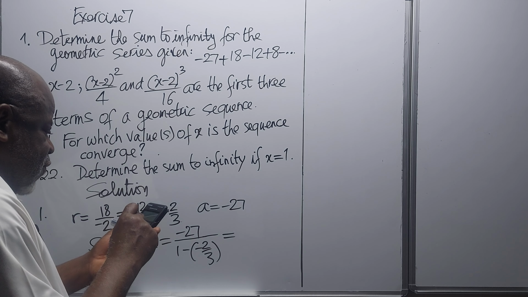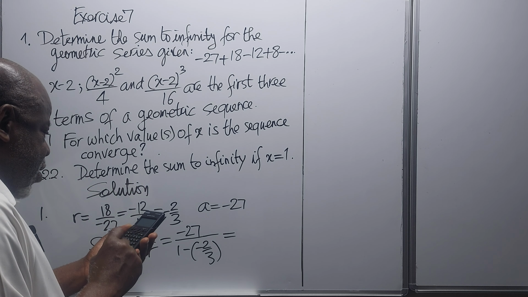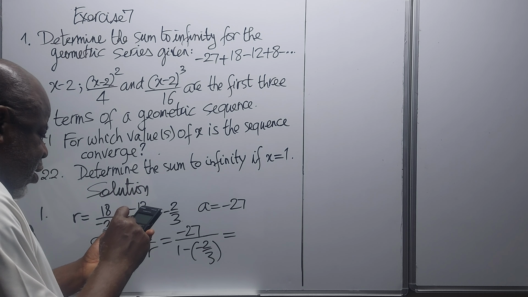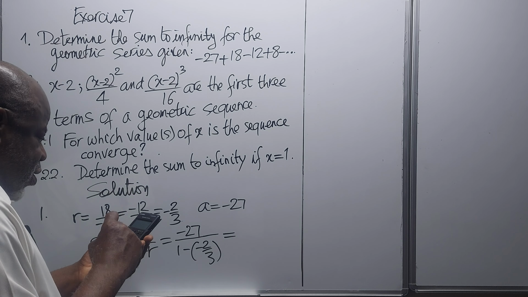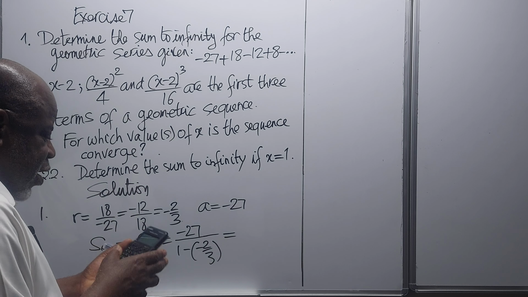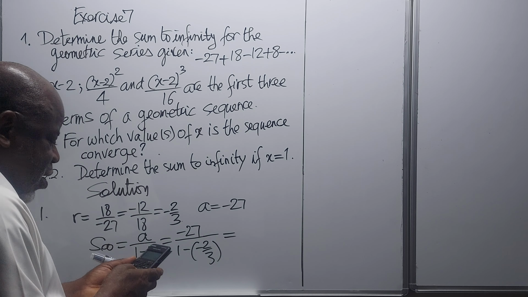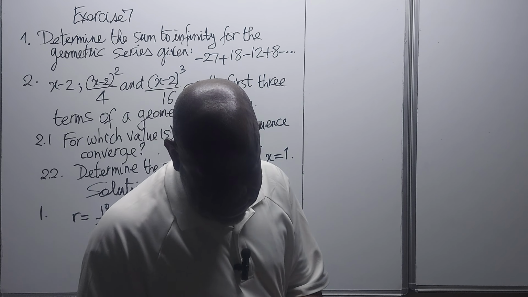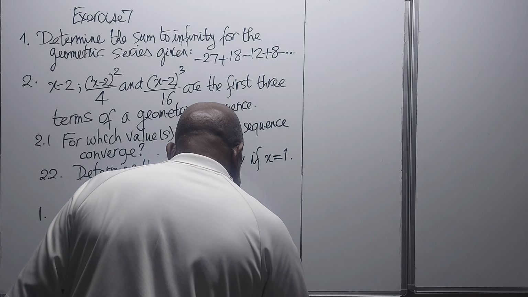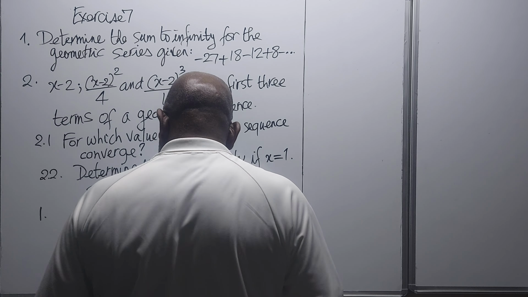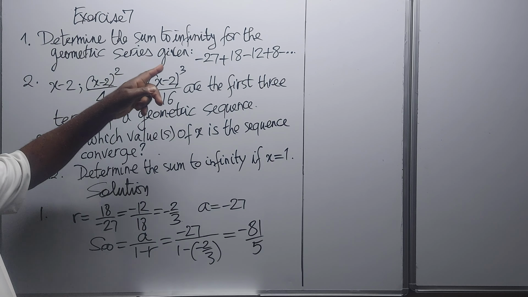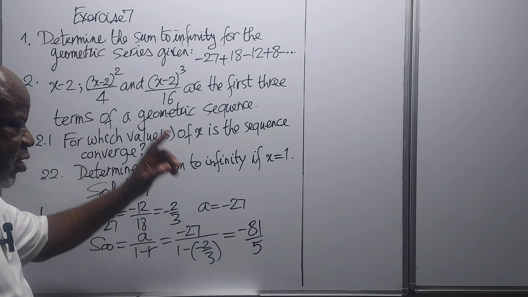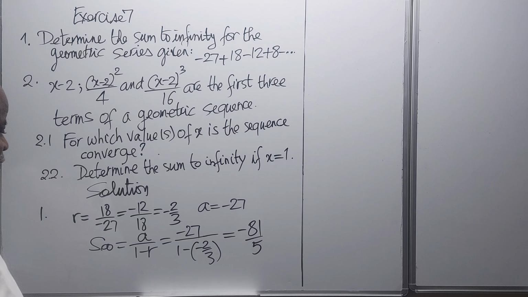Negative 27 over 1 plus 2 over 3, sorry. Over 3. And the answer will be negative 81 over 5. So this is the solution for the first question. The sum to infinity of this geometric series is negative 81 over 5.